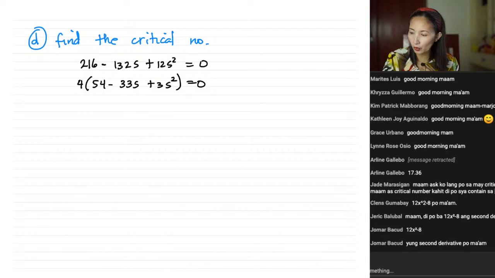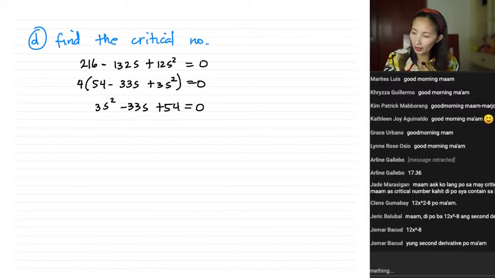And divide it by 4, we'll end up with 54, or we can rewrite this into 3s squared minus 33s plus 54 equals 0.